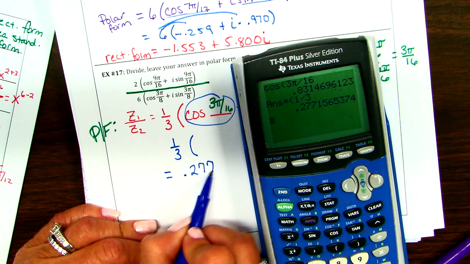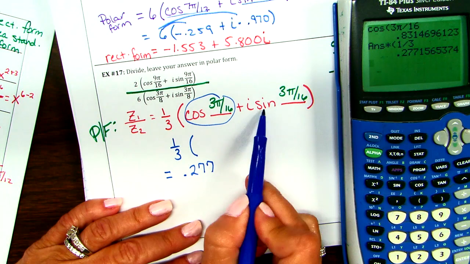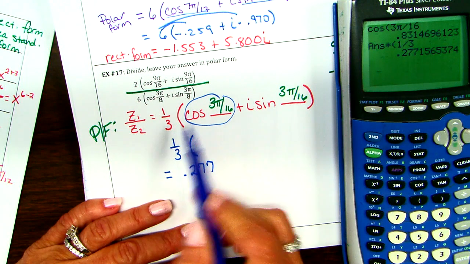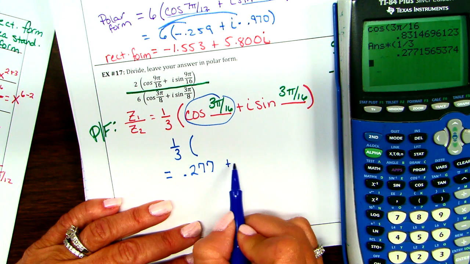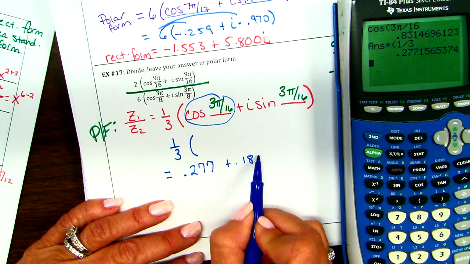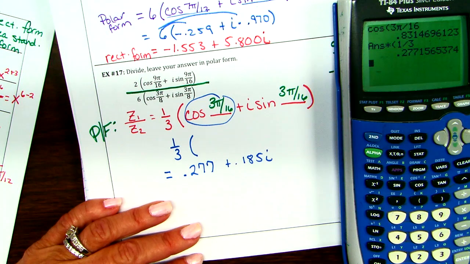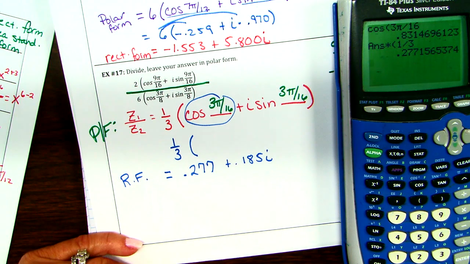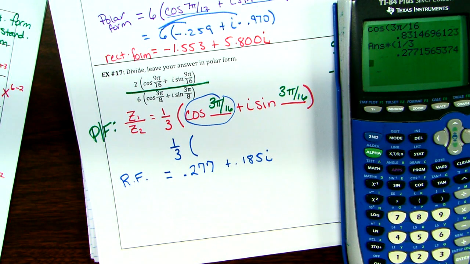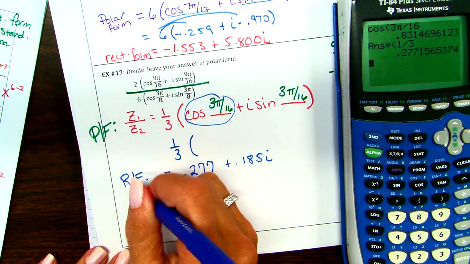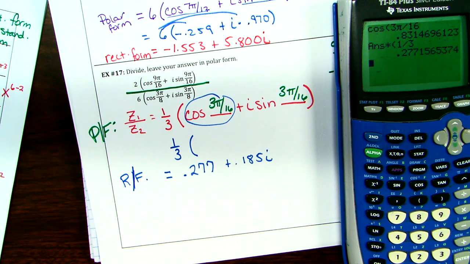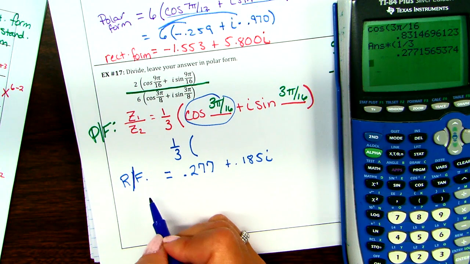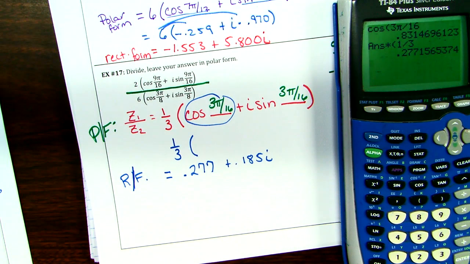And then sine of 3 pi over 16 times 1/3 will give you the other part, and that would be rectangular form, standard form. Okay. That's it for those two.